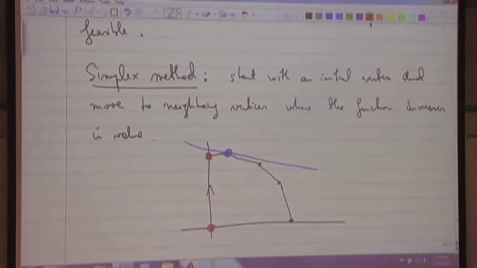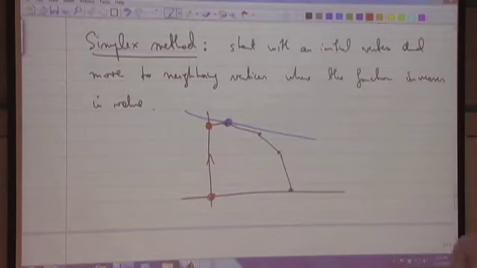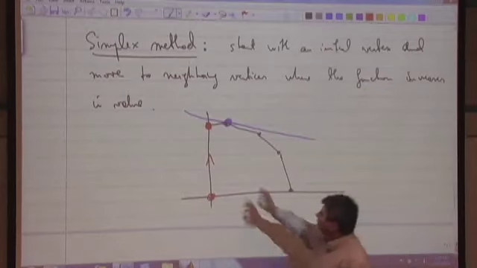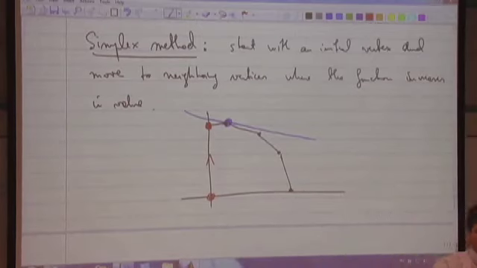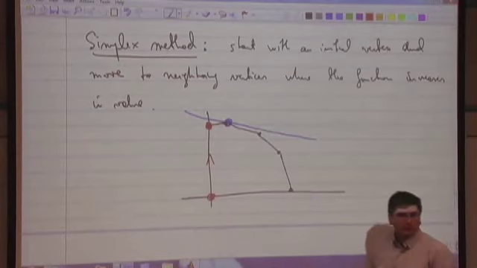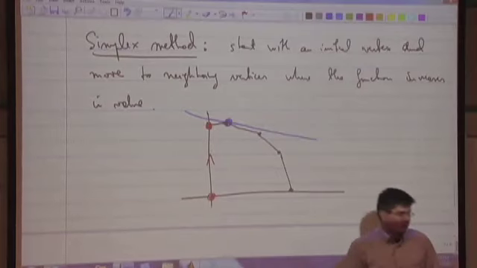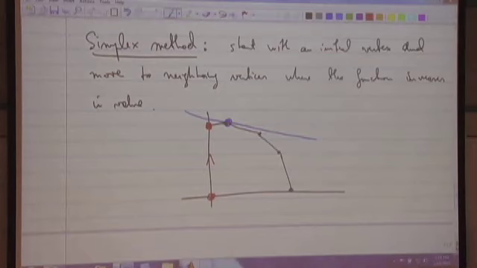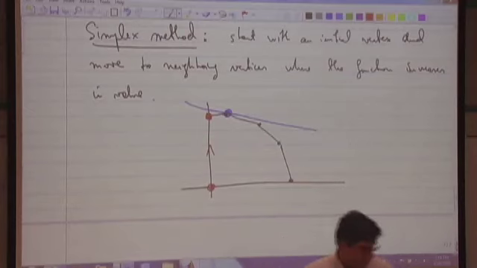Now, there is an algorithm that indicates how to choose the vertices to move in the fastest way possible, so in the shortest number of iterations to get to a maximum, right? And there are different algorithms for this. Some are professional grade, and there are lots of them used in commercial products.